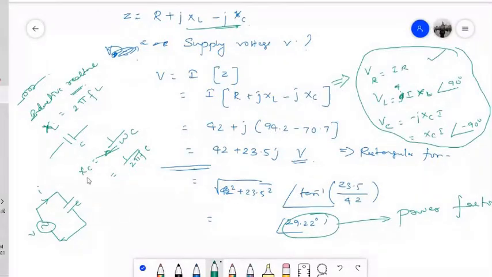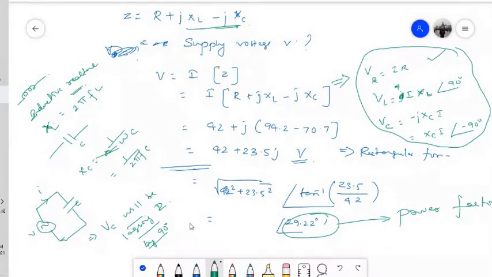Now from there I will be able to establish that the voltage across this capacitance VC will be lagging the I by 90 degree. This you would have observed in the lab also in the same way.